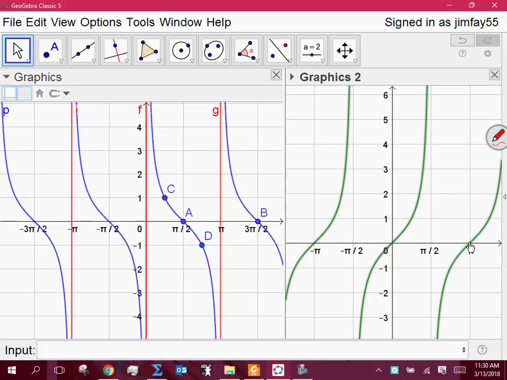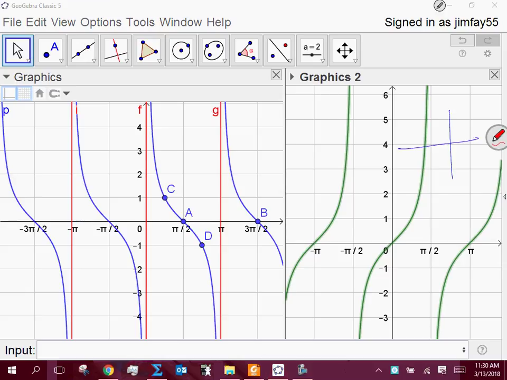And that all occurs because on the unit circle, think about this, for the tangent function, let's look at pi. That would be -1, 0, right? Well, for tangent, that's y divided by x, so it's 0 divided by -1.